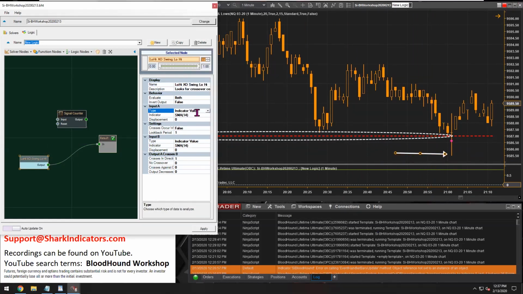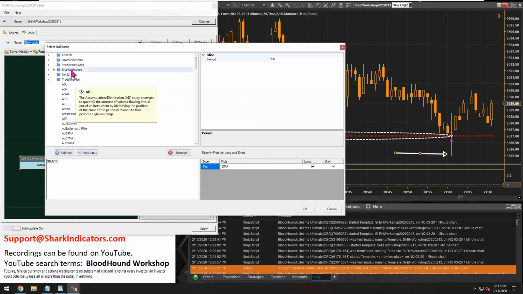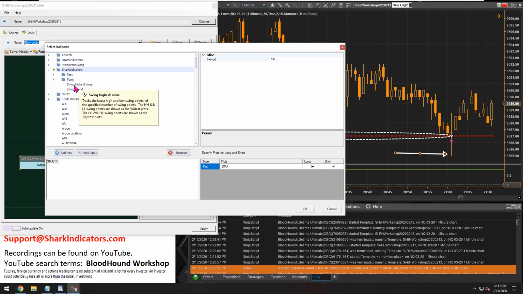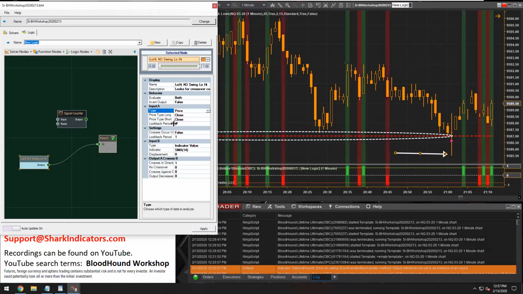So for input A, let's make that our swing indicator. And actually, no, sorry. Let me make it price. I'm going to make input A price.